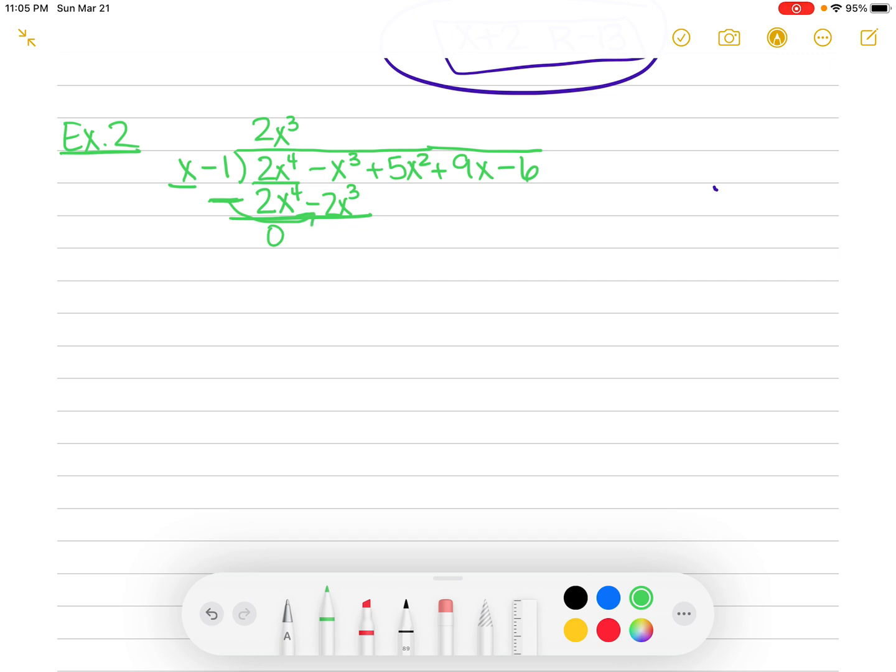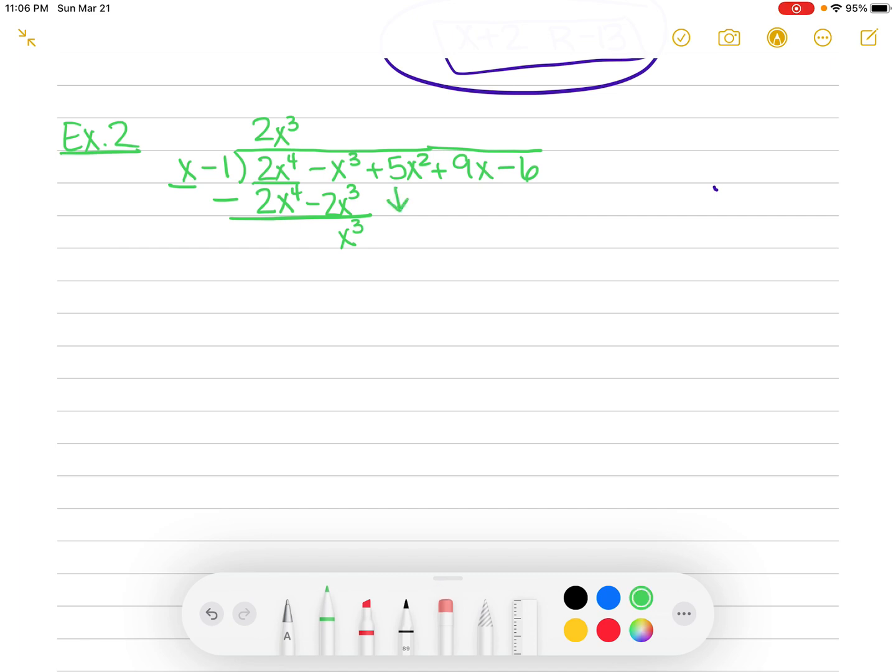So I'm subtracting a negative number. So that really means that's going to be a plus 2x cubed. So that's going to be plus 1x cubed. So instead of writing all of that like that, I should just leave off the 0. So I'm erasing it and leave off this plus. So I have a 1x cubed, which is really just x cubed, right?